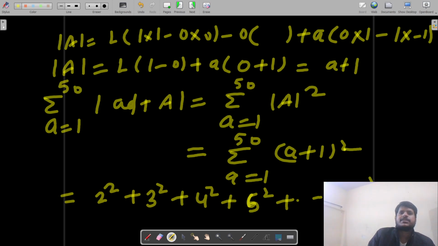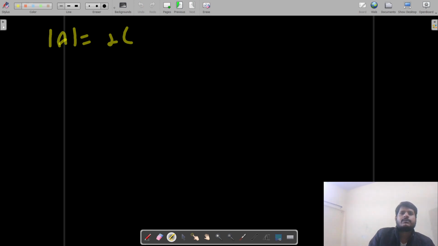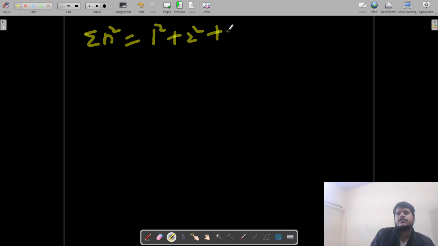Dear students, here I will use the concept of sigma, the sum of the first natural numbers. What will be the sum of squares of first natural numbers? Let me tell you. We know sigma n square, the sum of the first natural numbers, that is 1 square plus 2 square plus 3 square and so on up to n square.